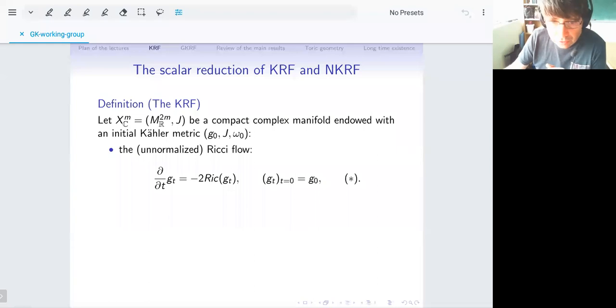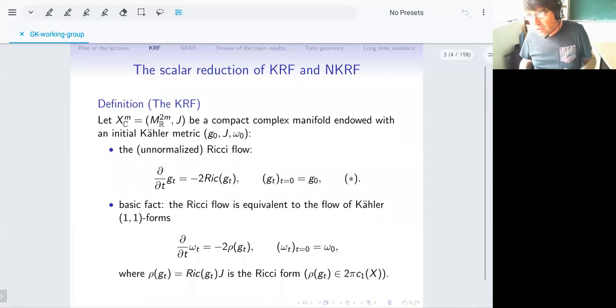That's a Kähler structure. And so we consider the normalized Ricci flow, which is just the flow of Riemannian metrics given by prescribing the time derivative of the metric to be minus twice the Ricci tensor. The Ricci tensor is a symmetric (0,2) tensor, precisely the same type as the Riemannian metrics are. And we prescribe the initial condition to be this Kähler initial metric.